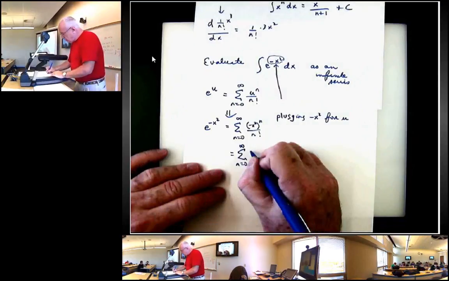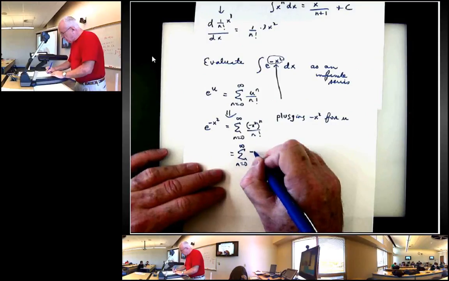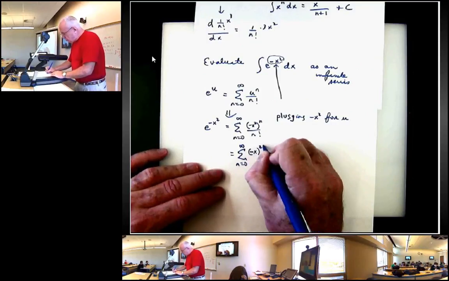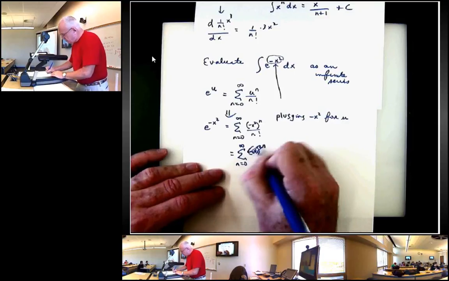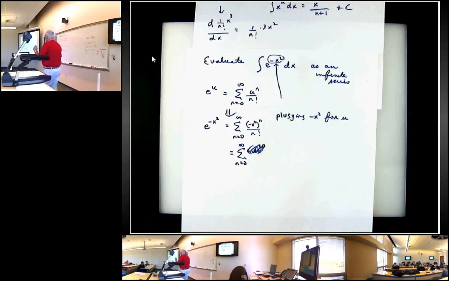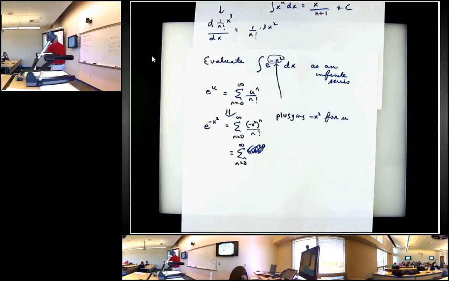Okay, you're saying negative x raised to the 2n power. No, that's not right. The reason that's not right is because the minus there is not being raised to the 2n power. Only the x is being raised to the power.